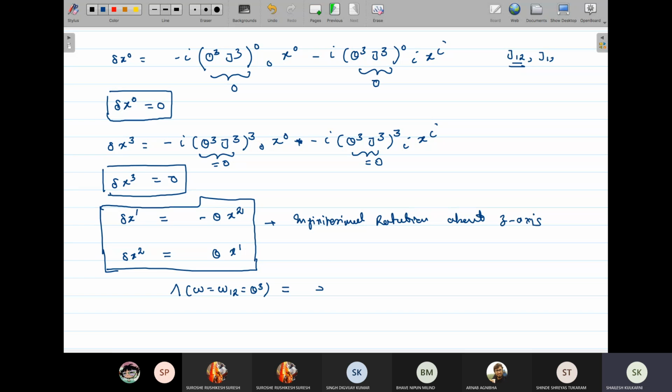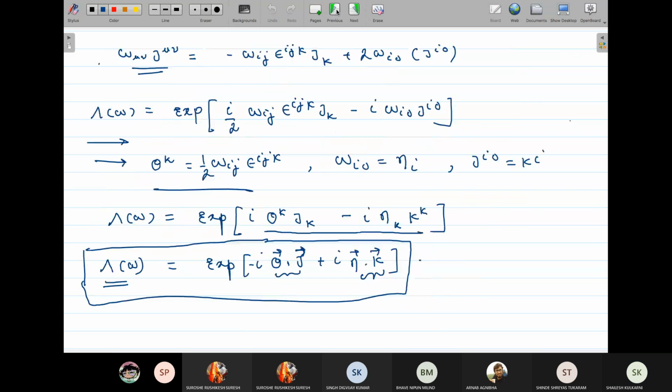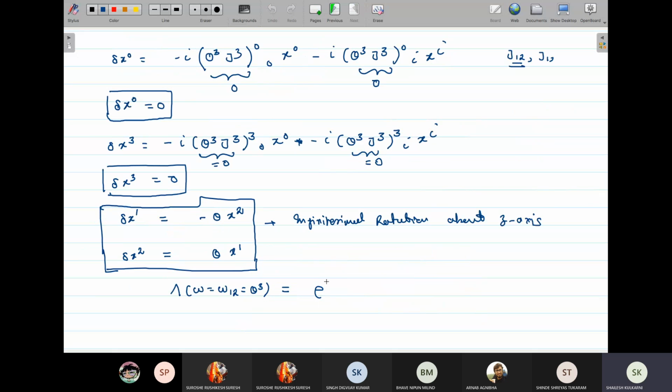This is equal to e to the power minus i theta, where theta here will be replaced by theta_3 J_3. That's it. So this will be the finite Lorentz transformation.